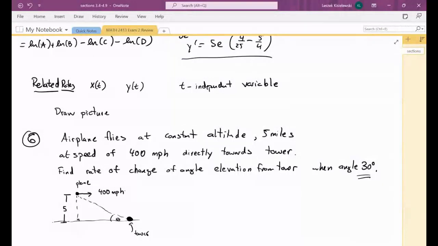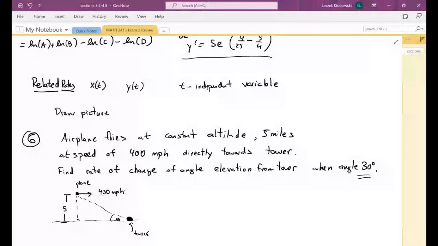Right, so once we get a picture, we want to somehow relate the unknown, the variables, right?